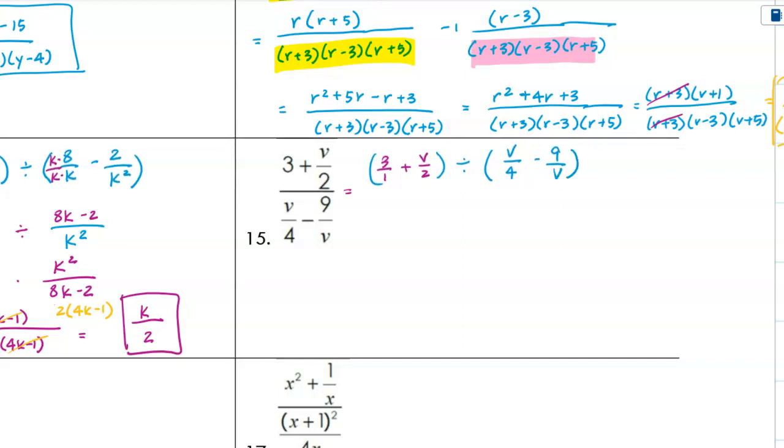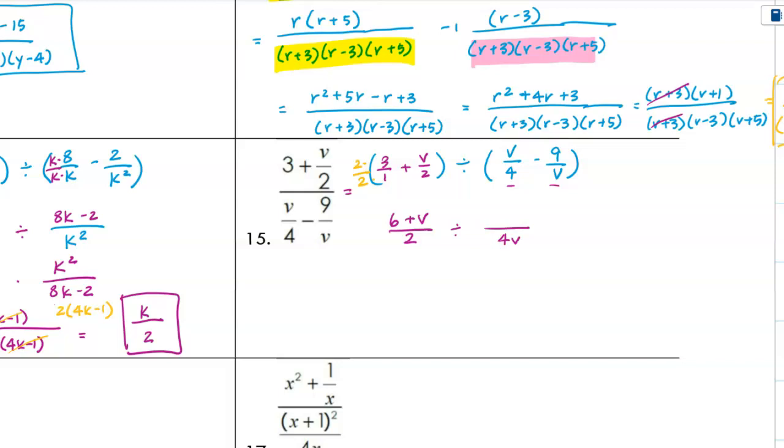The common denominator of the first two is 2. So to get the 2 here, we're going to multiply top and bottom by 2. So that's going to be 2 times 3 is 6 plus v divided by the common denominator of 4 and v, which is 4v.